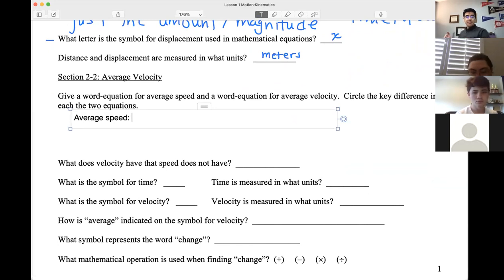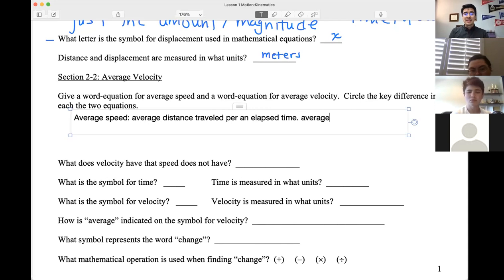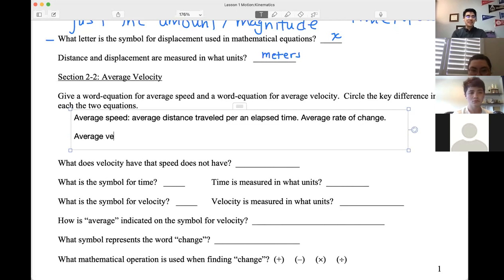The average distance traveled in a set amount of time, per a fixed amount of time, or per an elapsed time. Instead of average distance traveled, we could also use the average rate of change as well. Right? Good. So that's average speed. What about average velocity?